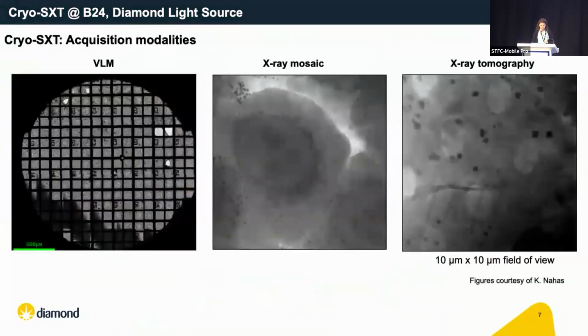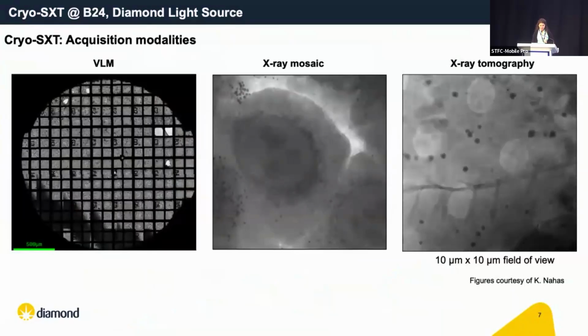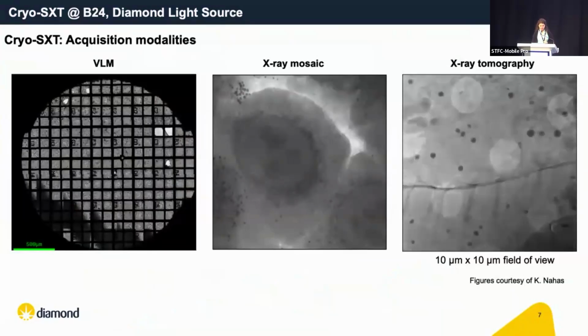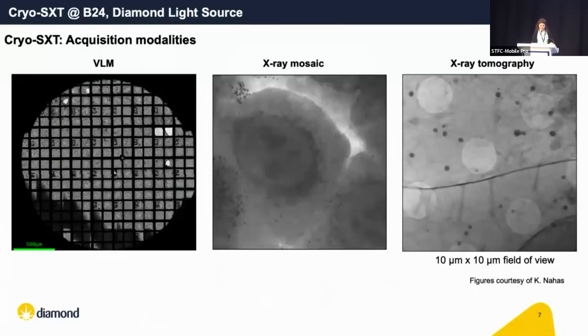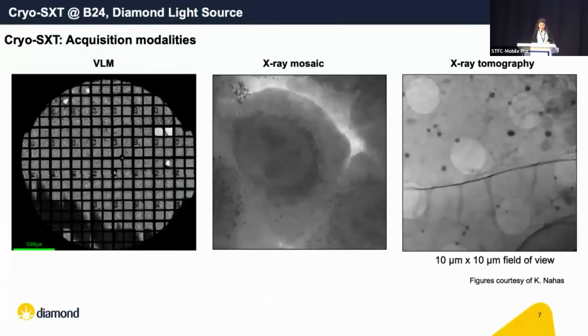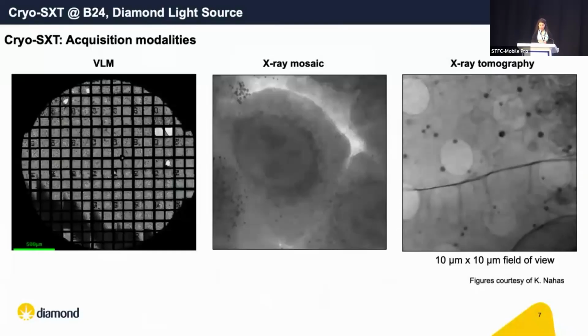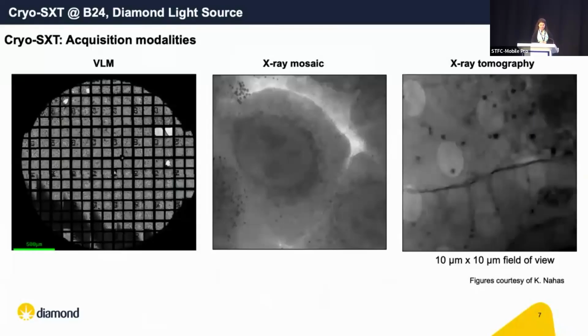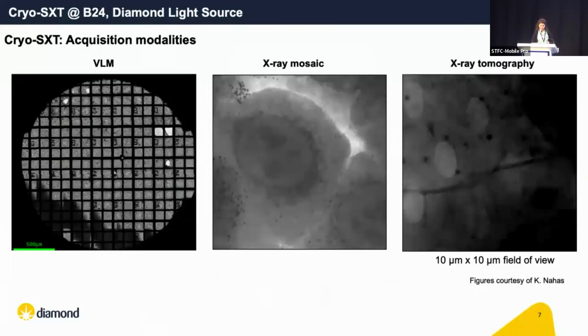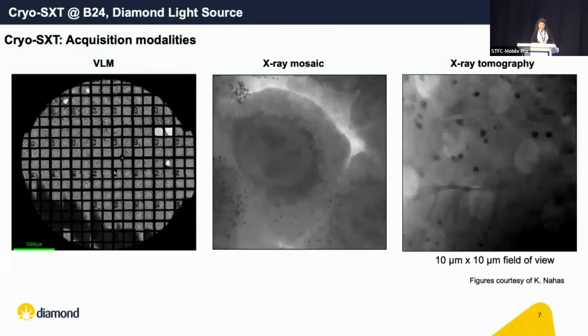We also operate in 3 different modalities of acquisition. Prior to the collection of X-ray tomography, we can collect visible light microscopy images to explore the integrity of the grid and have an idea of the distribution of the grid itself.